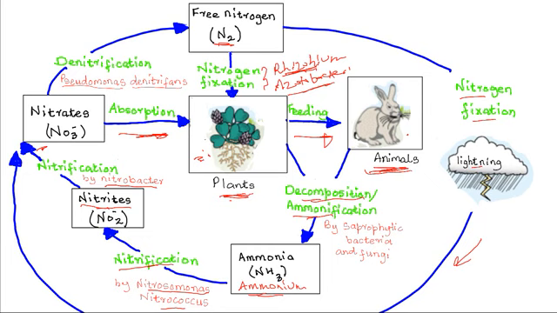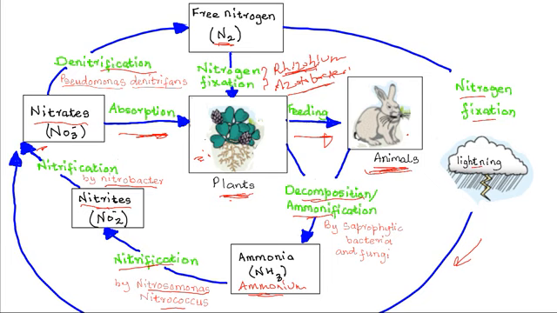Now, the fourth main process in the nitrogen cycle is denitrification. This is a process by which soil microorganisms reduce the nitrates to nitrites and then to ammonia gas.